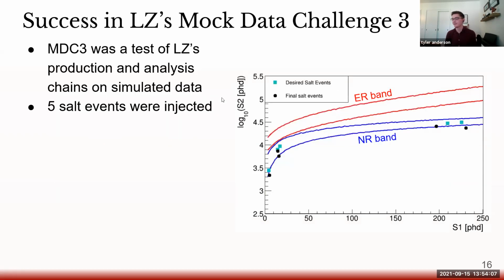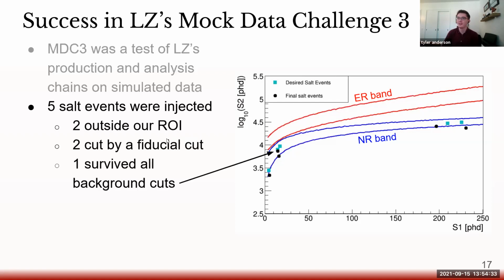A final verification of our salting process occurred in LZ's mock data challenge 3, which was about a month of simulated data into which we injected 5 salt events, shown in the plot. You can see in blue where we wanted the salt to go, and in black where they ended up. We did a fairly good job. In the final analysis, 2 of these landed outside of the region of interest because they were at high energy.